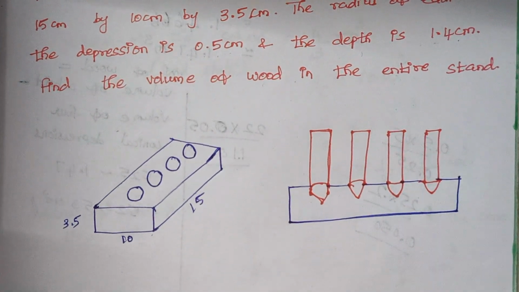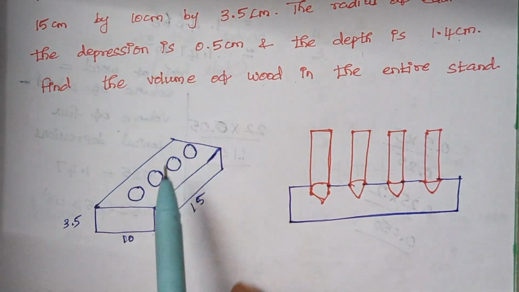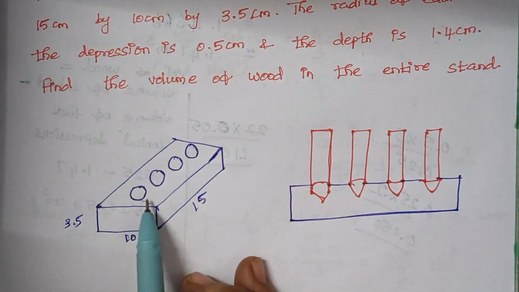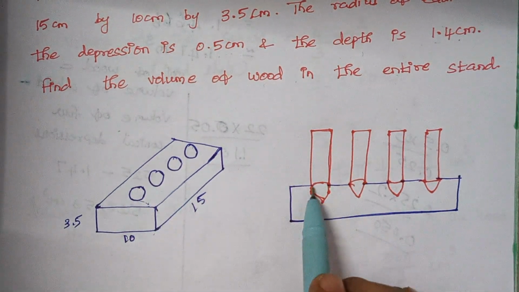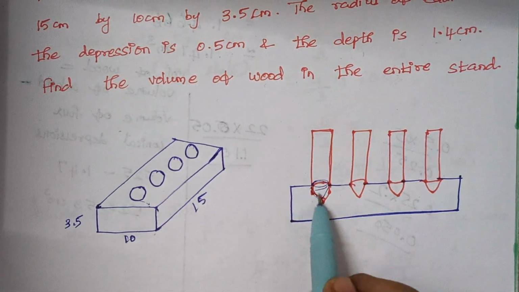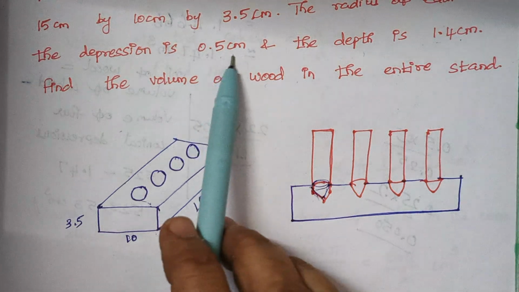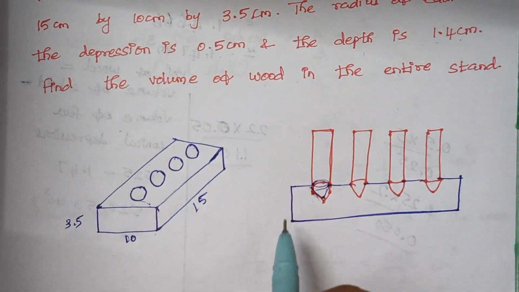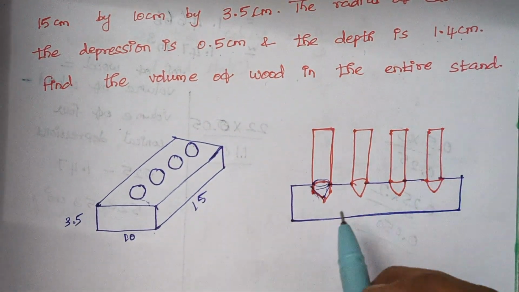Next, the radius of each of the depressions, that is for the cone, is given. Inside it is in the form of a cone; on the top it is in the form of a circle and inside it is a cone. So here the radius is 0.5 and the depth is 1.4.